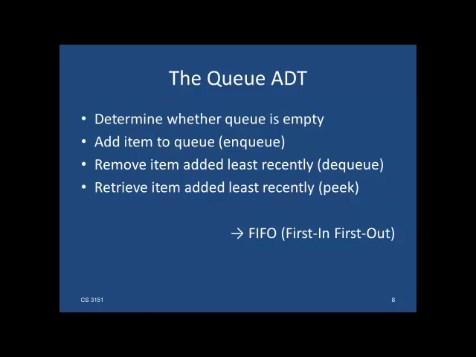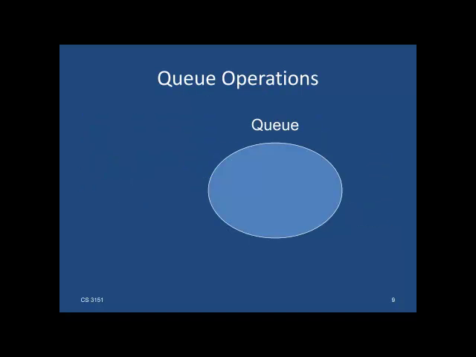Let's trace a sequence of queue operations. The circle represents an empty queue. Enqueue A adds A to the queue. Enqueue B adds B to the queue. And enqueue C adds C to the queue.